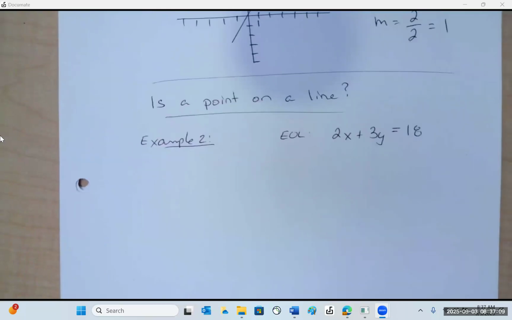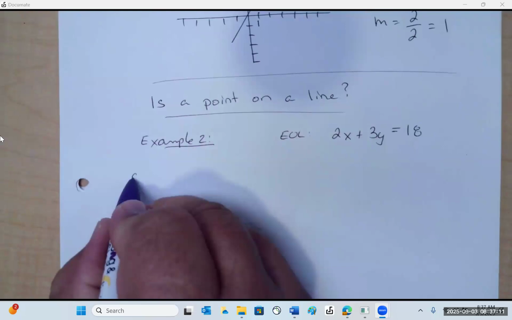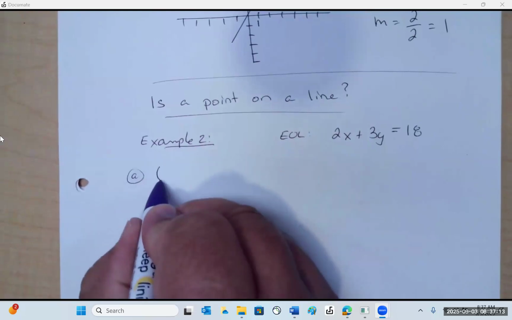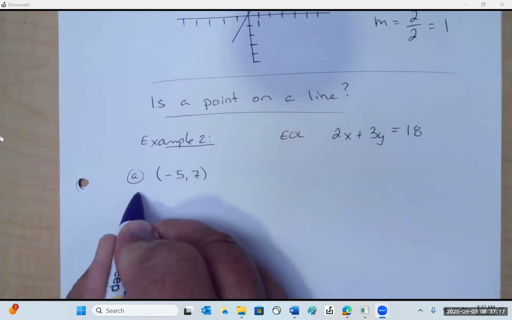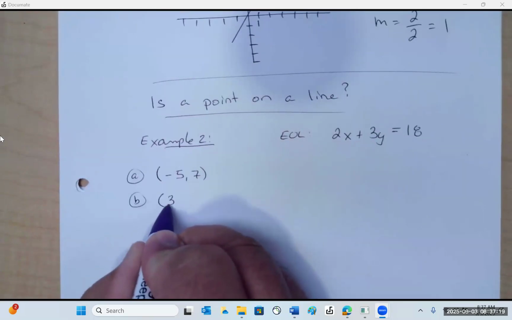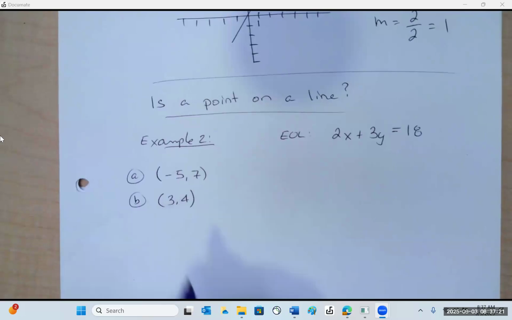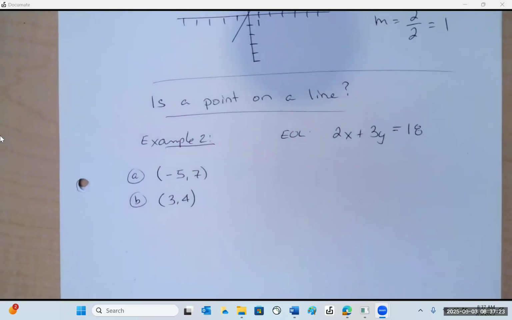That's my equation of a line. I have 2 points, (-5, 7) and (3, 4). How do you prove if those points are on that line?